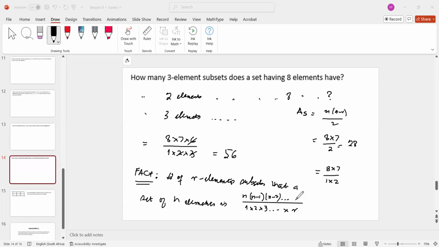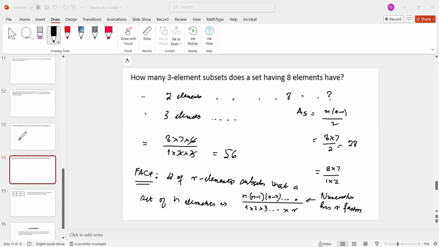But the top part will have R factors, the same as the bottom. See? So this is a very useful thing. It's not in your school syllabus, but in Olympiad problems, this comes up sometimes. The number of R-element subsets that a set of N elements has is that number.